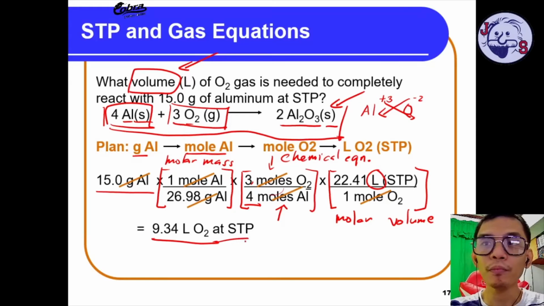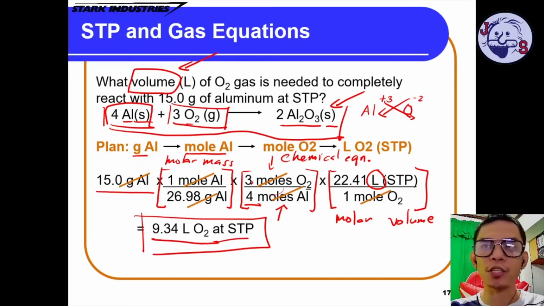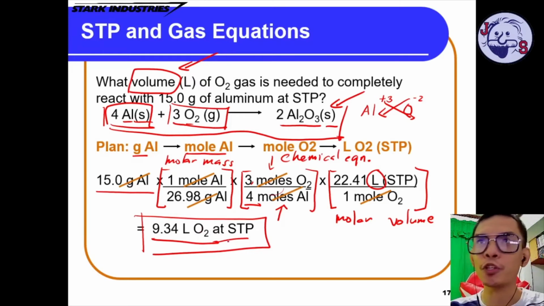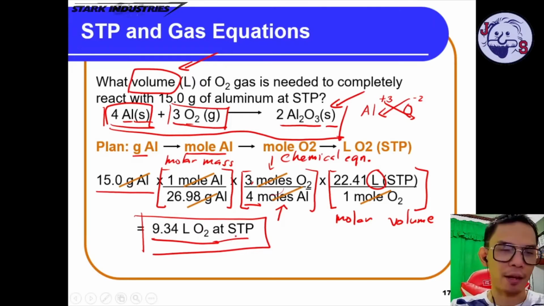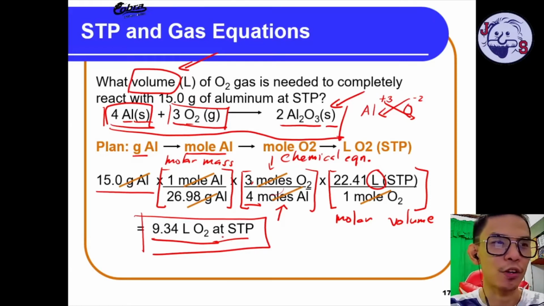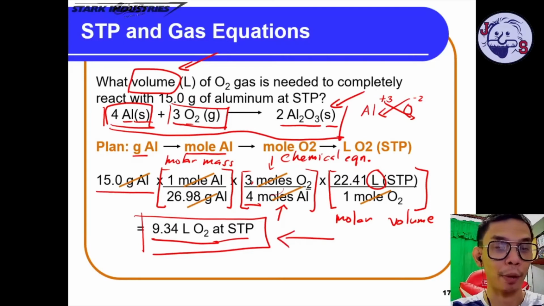So this is the correct and complete answer: 9.34 liters of oxygen is needed to react with 15 grams of aluminum at STP. That is the answer to this first problem for gas stoichiometry.